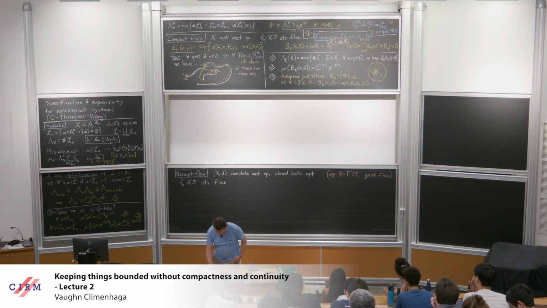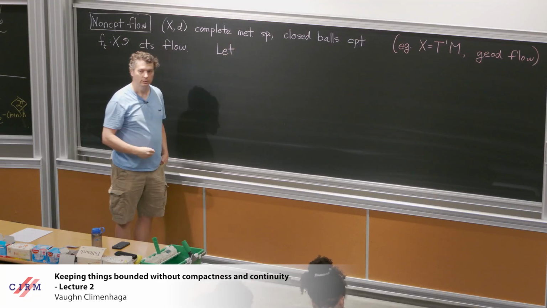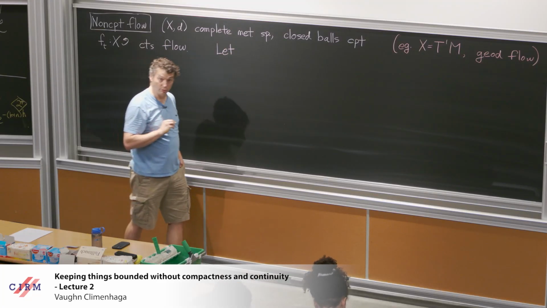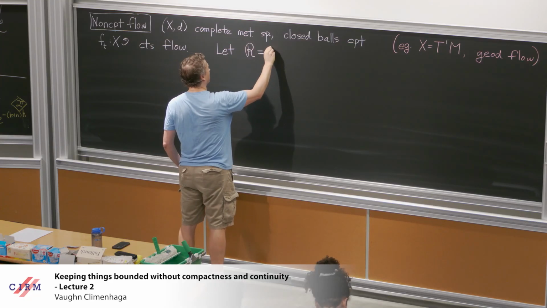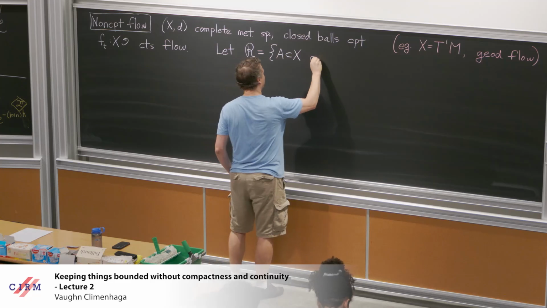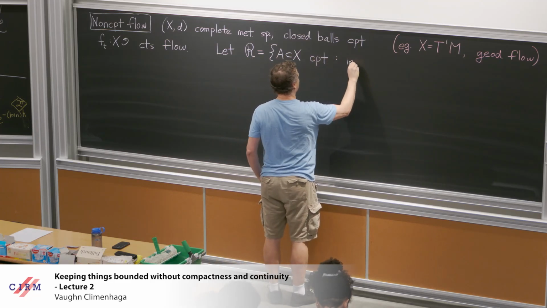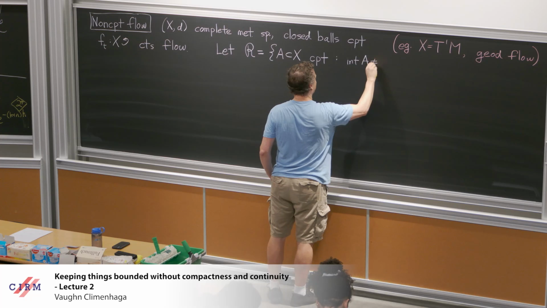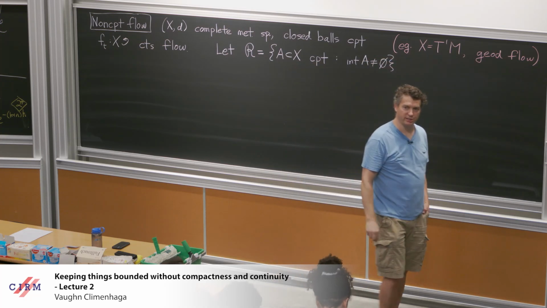So if you want to make lambda t finite, you can do the following, which is completely analogous to what is done in the symbolic setting. I'm going to let script R denote the collection of compact subsets of the phase space with the property that the interior of A is non-empty. I think of these as reference sets.